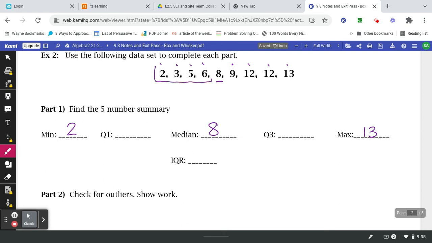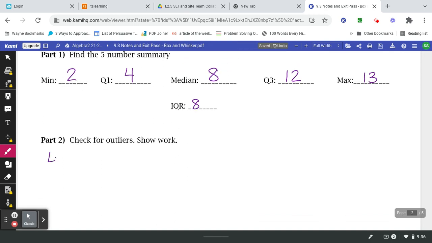And then since median is 8, the 8 does not get included in the top or the bottom half. And you just have to find the median then between the 2, 3, 5, and 6. So that would fall right here. The middle of 3 and 5 would be 4. And this would fall right here. And the middle of 12 and 12 would be 12. IQR is 12 minus 4, which would get us 8.